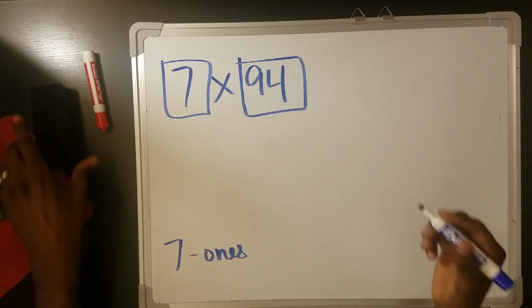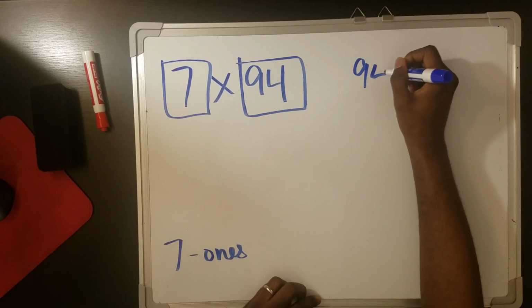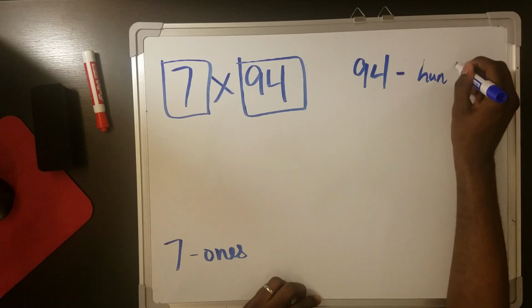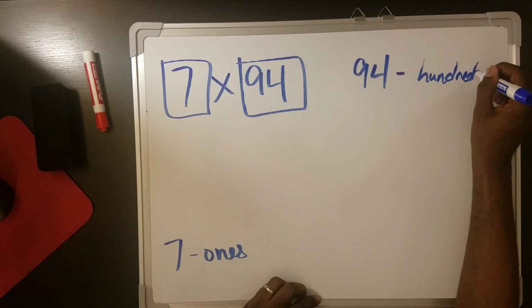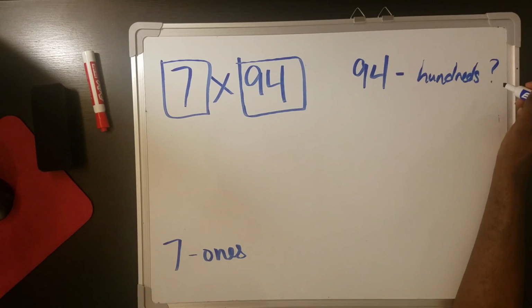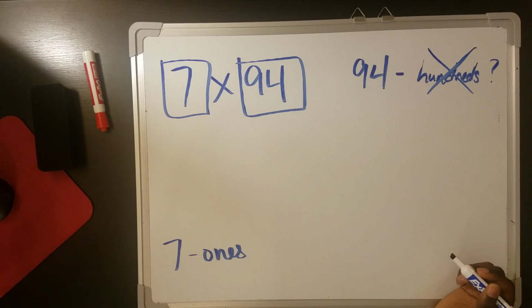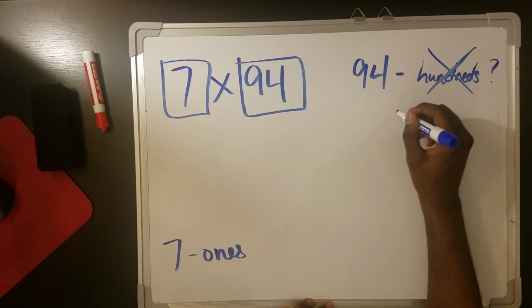All right. Now, let's look at 94. Does 94 have a hundreds place? No. Once again, it's too small. Does it have a tens place?